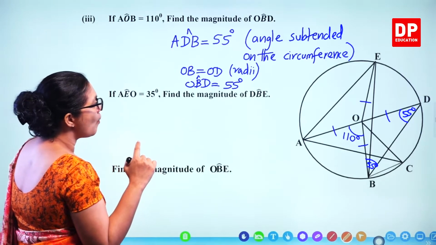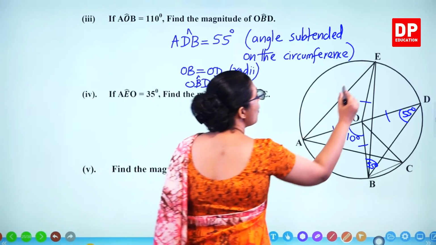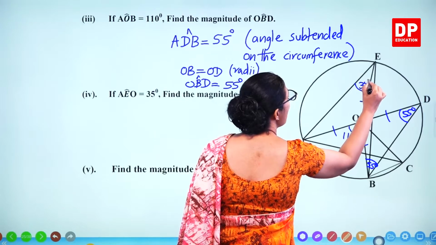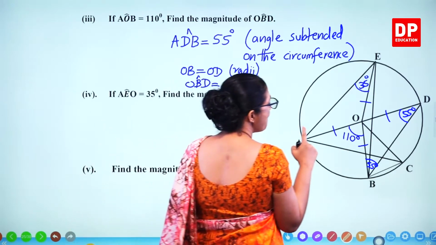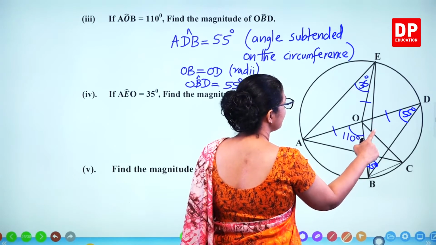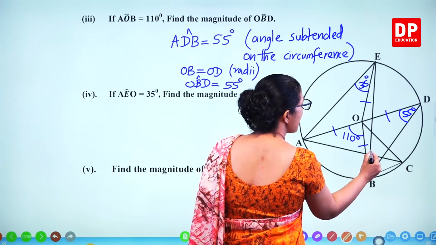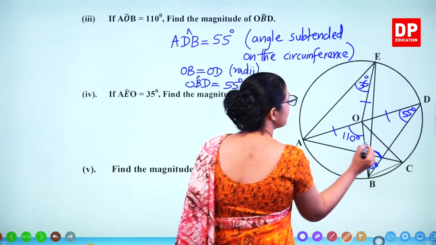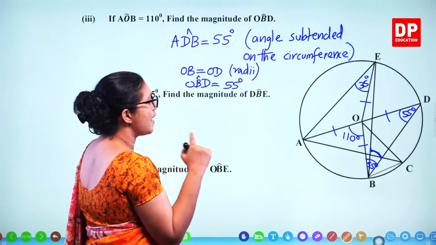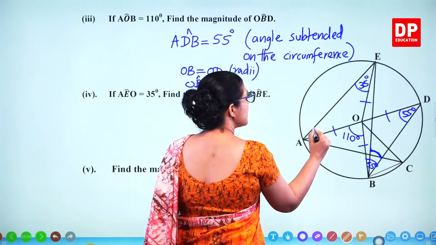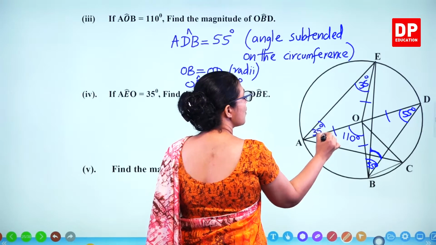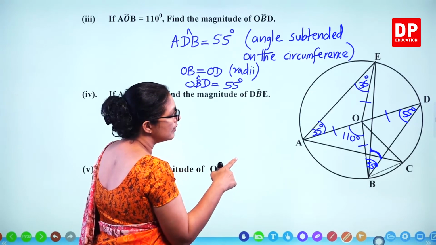If AEO, this angle is 35, find the magnitude of DBE, this angle. DBE angle. So how can we find out? This is 35, which means this is 35 because of the isosceles triangle.